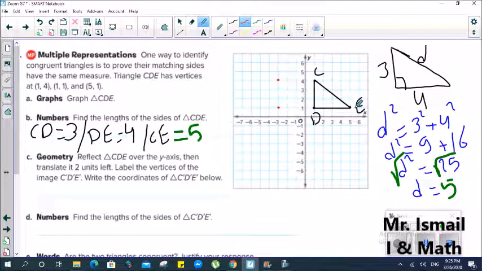E, reflected over the y-axis. From E to the y-axis, we have 1, 2, 3, 4, 5 squares. Count 5 squares. Plus, I will translate it 2 units left. 1, 2, it will be here. Connect them using a ruler.